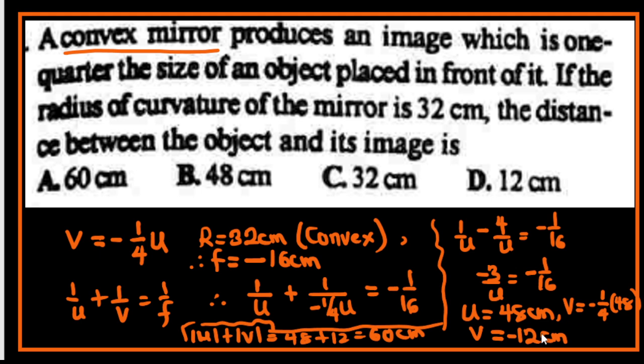Don't forget that the v here being negative is only informing you that the image is virtual. So that doesn't mean you have to put the negative here. So what I did there was 48 plus 12, and this gives us 60 centimeters.